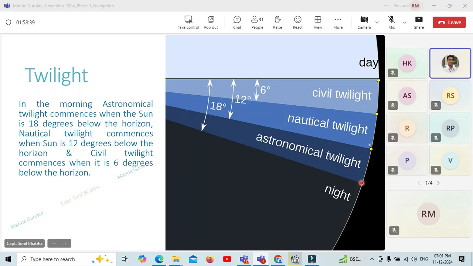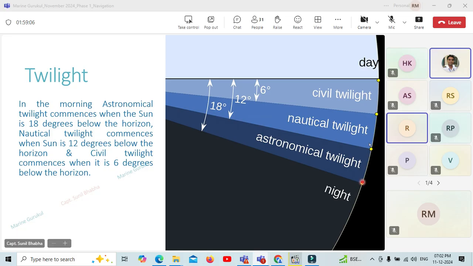Now when the sun reaches this particular point, you can follow the laser pointer on the screen, this point is 18 degrees below the horizon. You can see the angle also mentioned here. The sun has reached 18 degrees below the horizon. This is the instant when the astronomical twilight commences.